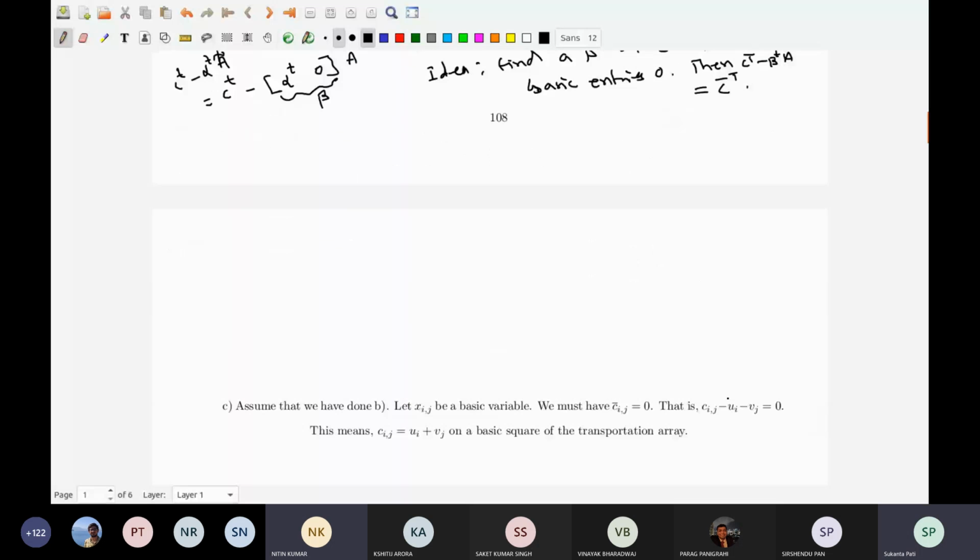That is your C bar transpose. You have found a beta transpose such that the C bar transpose has basic entry 0. So that is it.